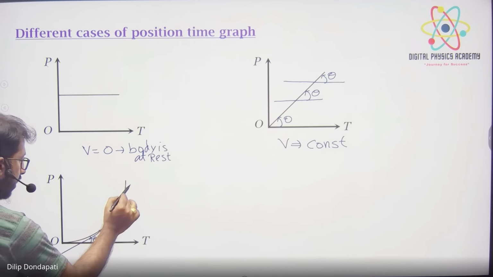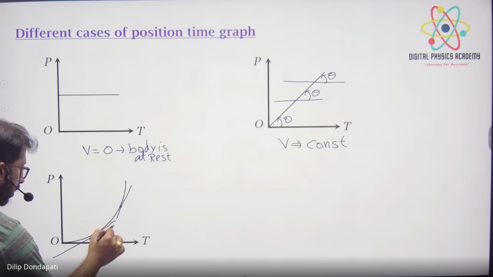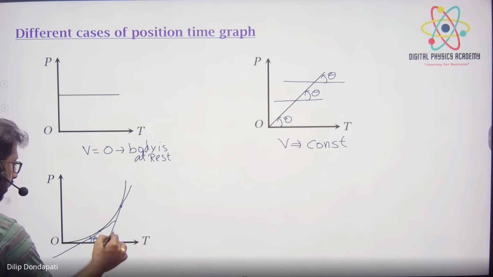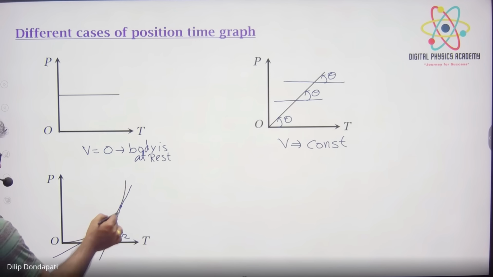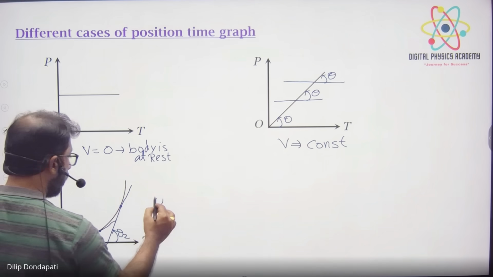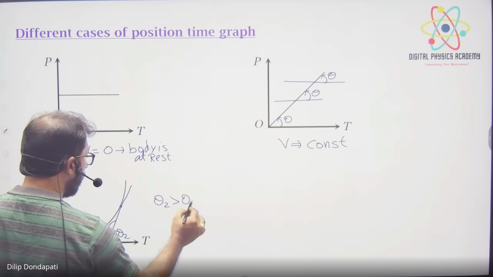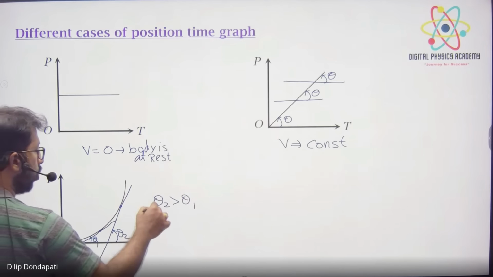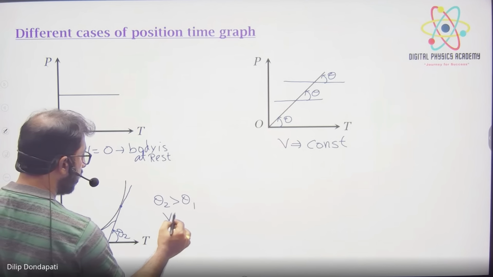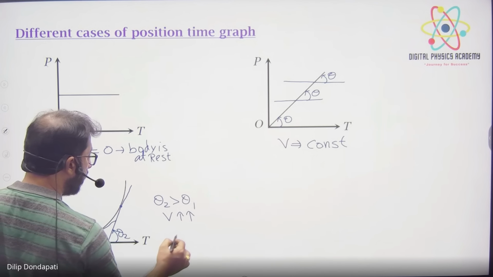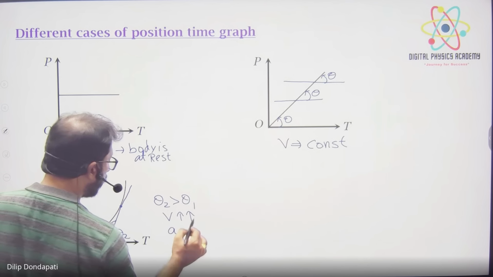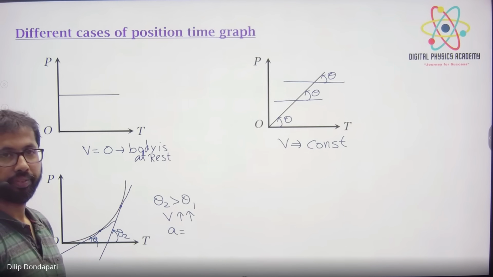It cuts the x-axis here, theta 2. Does theta go on increasing or decreasing? Increasing. Theta 2 is greater than theta 1. Since theta is increasing, slope is increasing, which means velocity is increasing. If velocity is increasing, should acceleration be positive or negative? Positive.